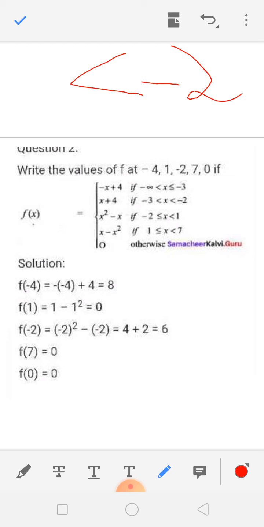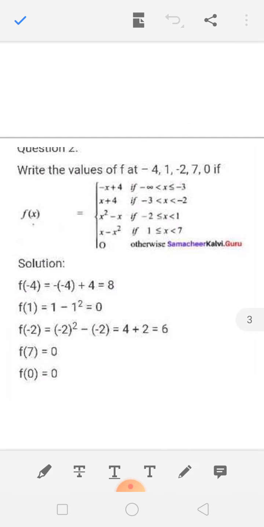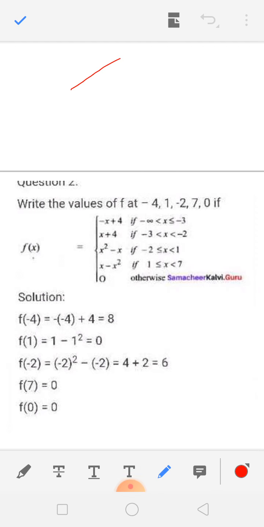Before that -2 means -3. Up to -3 only we have to include, so we can't include that -2 value. Suppose they mention less than or equal to -2, then we have to include that -2 also. So the second one is not correct.